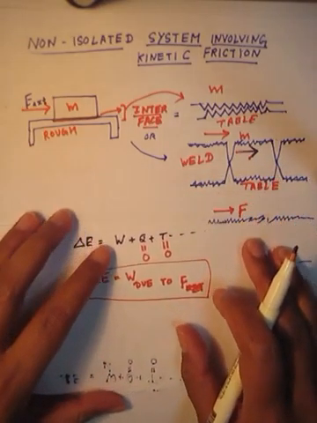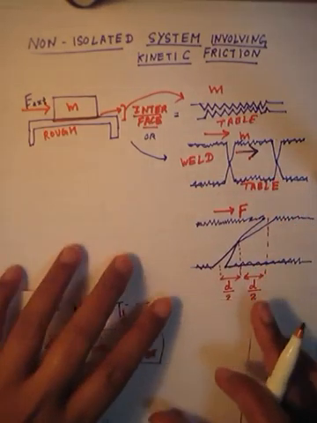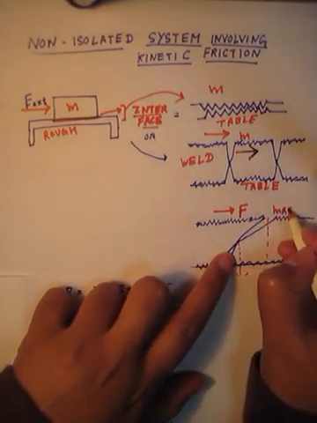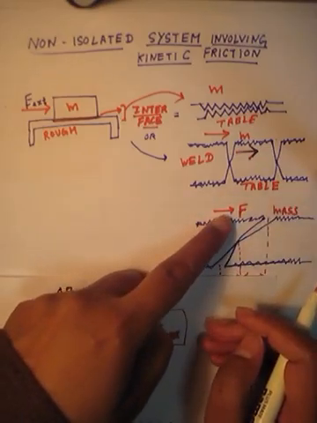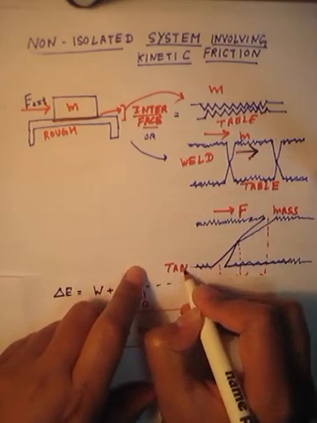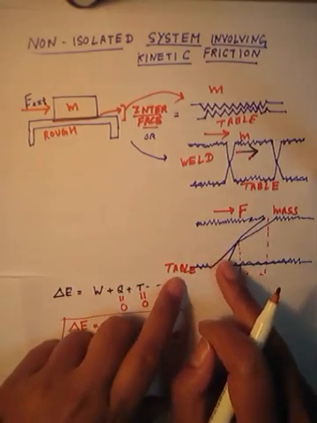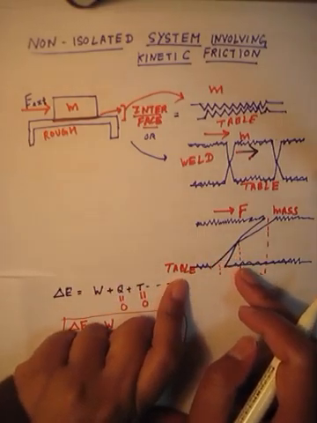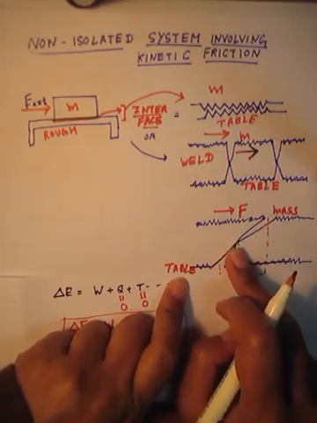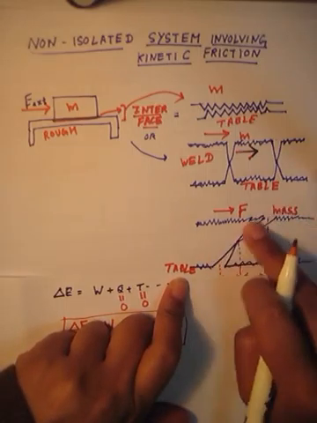Okay, so it will behave something like this: the mass will move in this direction due to the force applied, and the table is not moving, so the table is staying at the same point as it was. And these welded points are still trying to make contact with the mass.